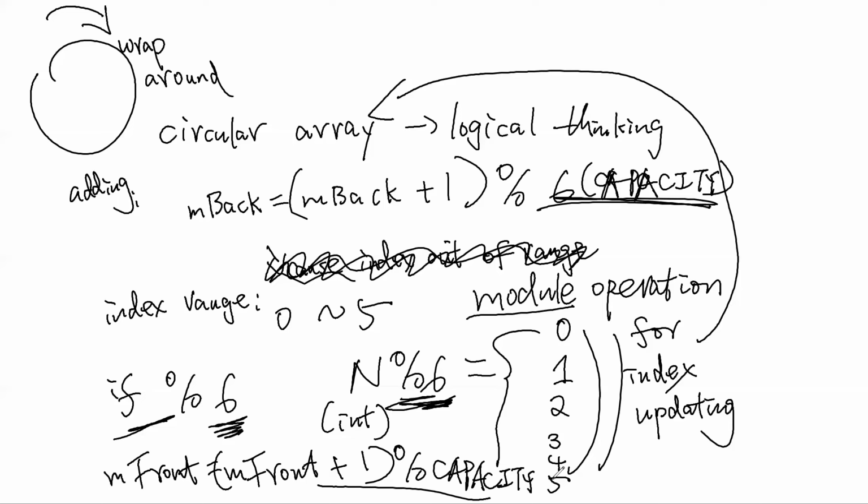So you will not have the index out of range issue, and at the same time you also solve the linear array shifting issue. So we get a lot of benefits with this single operation. This concept is called circular array.